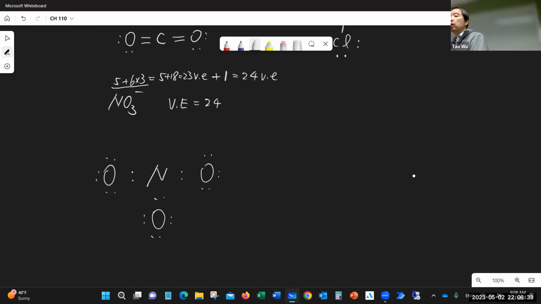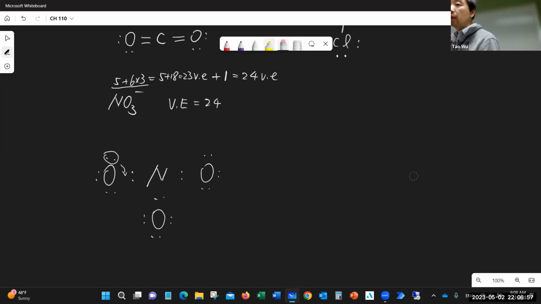So where should we go? Well, it really doesn't matter in this case. You can use 1 lone pair on the left side, or 1 lone pair on the right side, or on the bottom. It really doesn't matter. Just choose one. So we choose this one to be shared over here.